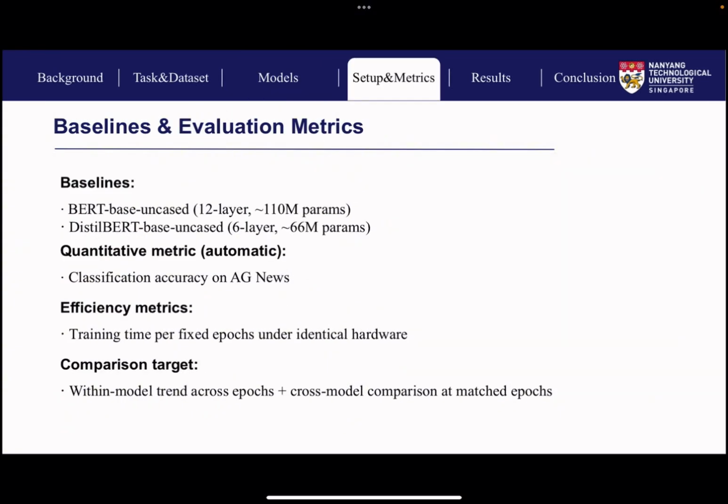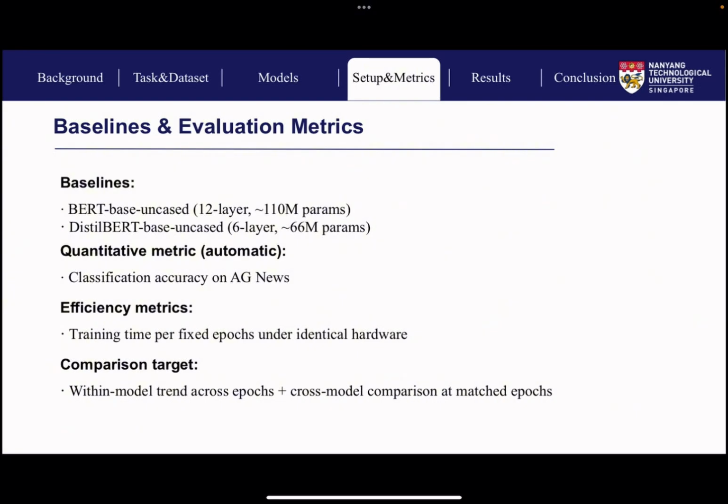To answer this question objectively, we designed a rigorous evaluation framework. We established our baseline clearly, the 12-layer BERT versus the 6-layer DistilBERT. To ensure a fair comparison, we ran all experiments on identical hardware and measured two key metrics.